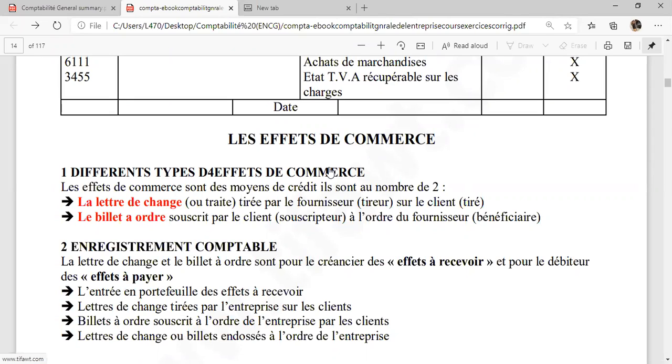The beneficiaire in this case can be the fournisseur at the same time, in a case where the fournisseur wants the money given to him himself. So in that case, the fournisseur is the beneficiary at the same time, in the sense that he will benefit the money at the given date.